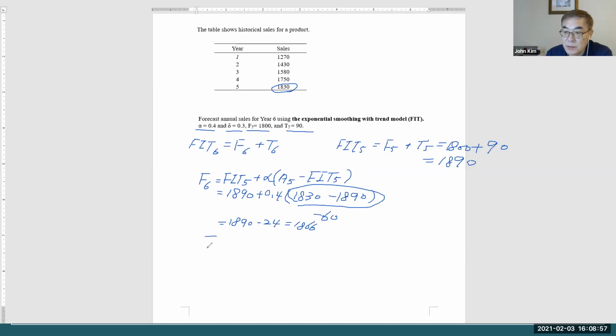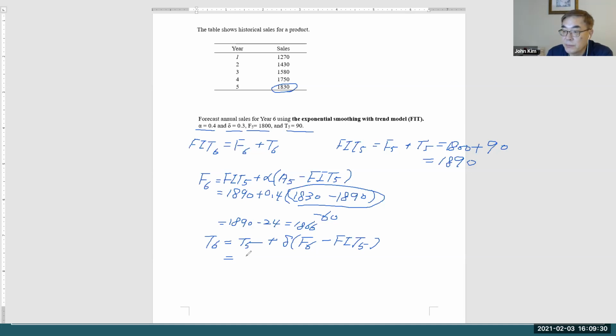And T6 equals T5 plus delta times (F6 minus FIT5).